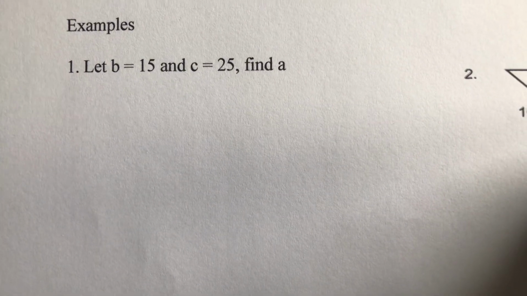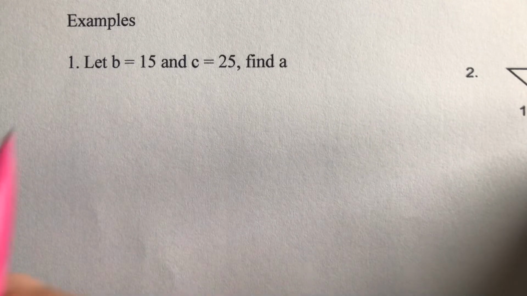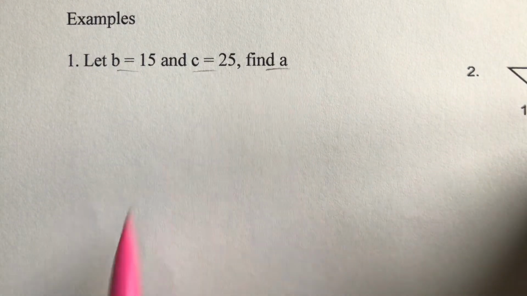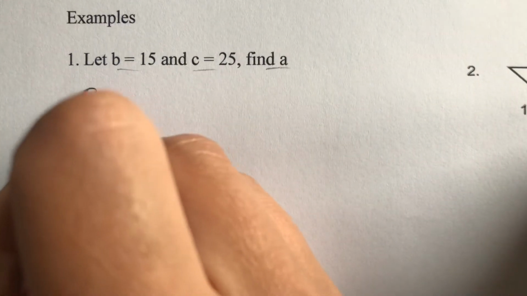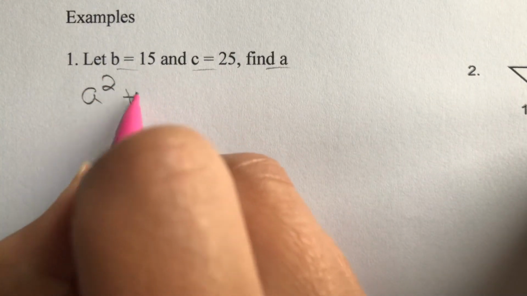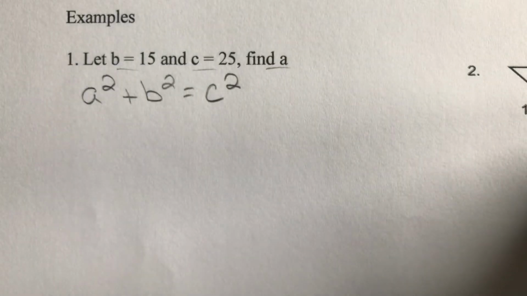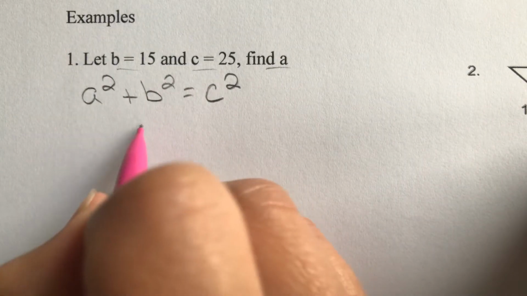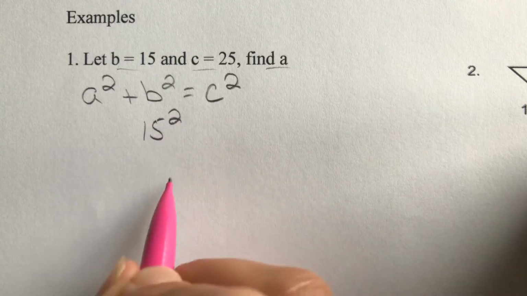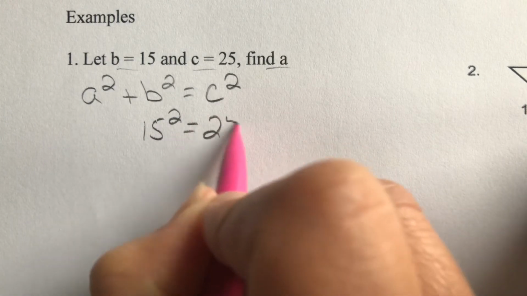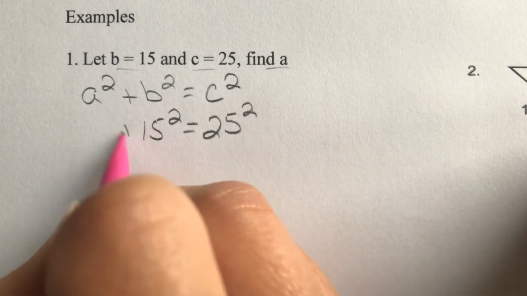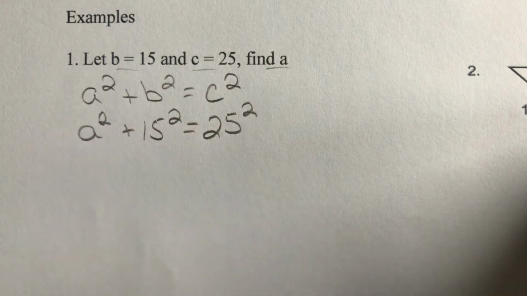So here with our first one, no diagram, we just got B and C, and we're going to find A. So I'm going to start with writing down a squared plus b squared equals c squared. B is 15, so that's 15 squared, and 25 squared for C. We're looking for a squared.